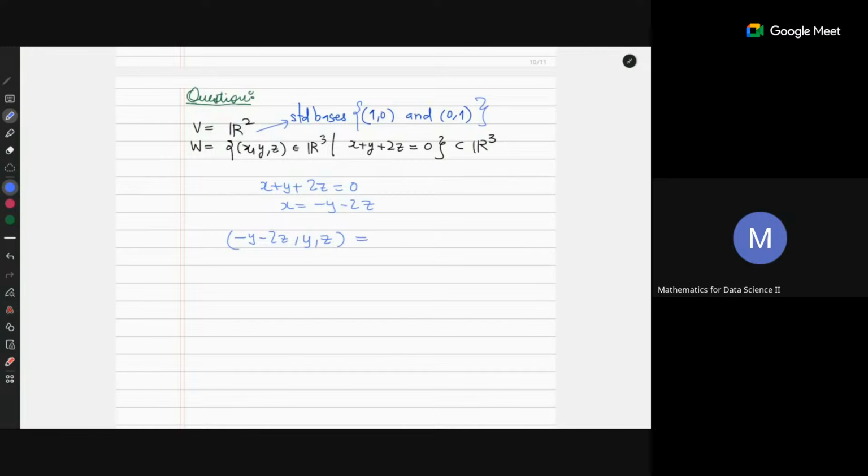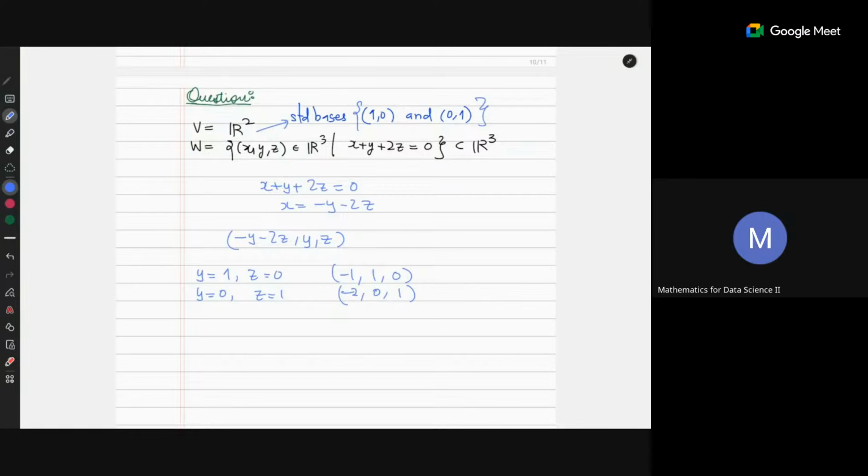I mentioned one method: because there are two free variables, you take y equal to 1, z equal to 0. This will give you the first vector, -1, 1, 0. What about the second vector? For the second vector, you take y 0 and z 1, so -2, 0, 1.